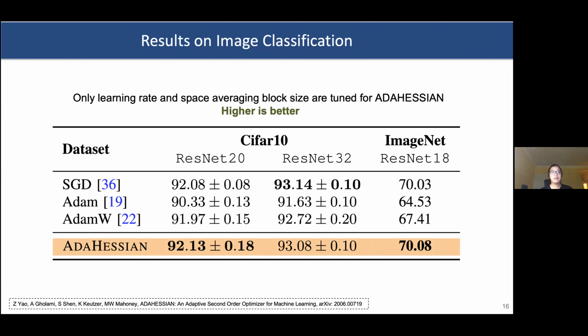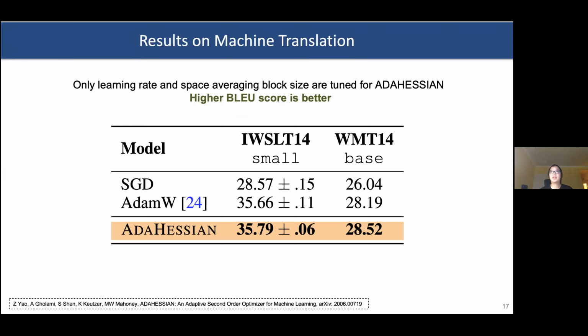The second thing we want to show is the NLP task, which after BERT and the transformer is one of the hot topics. Here ADAMW is the default optimizer, and as you can see, SGD performs much worse than ADAMW. On IWSLT it is roughly 7 points worse than ADAMW, and on WMT roughly 2 points worse.